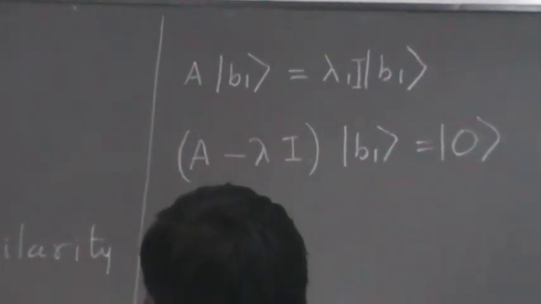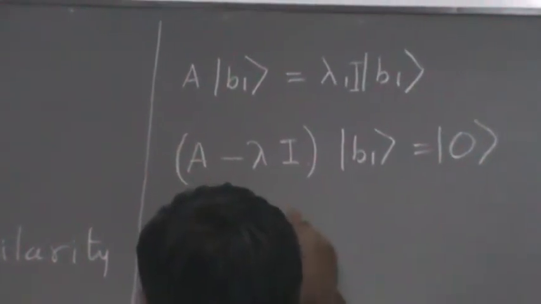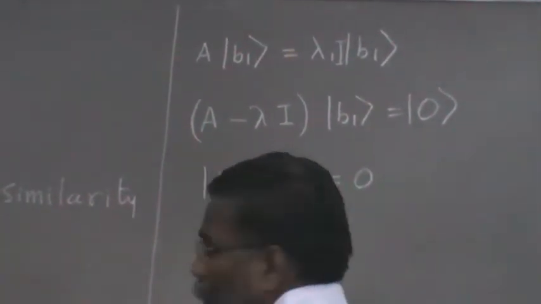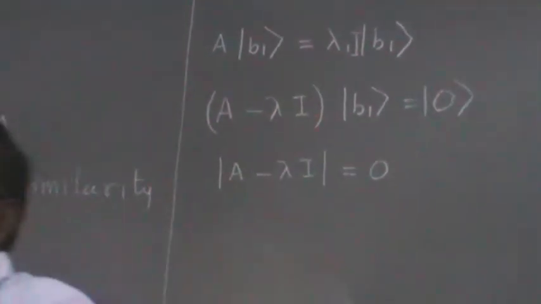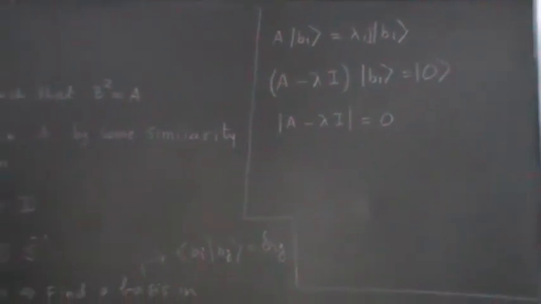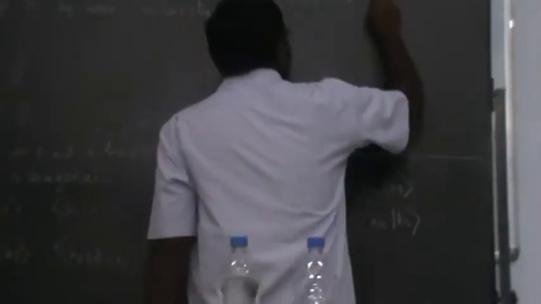So the condition for finding the eigenvalues of a matrix is given by determinant of A minus lambda I is equal to 0.